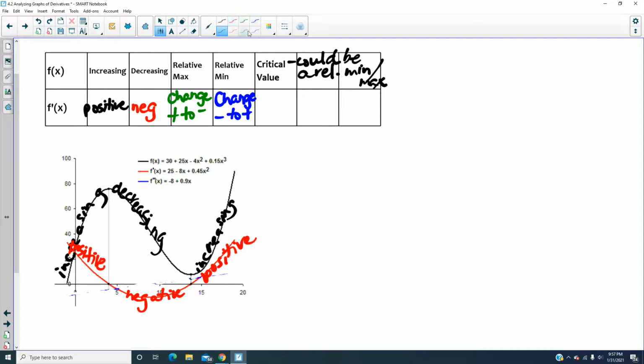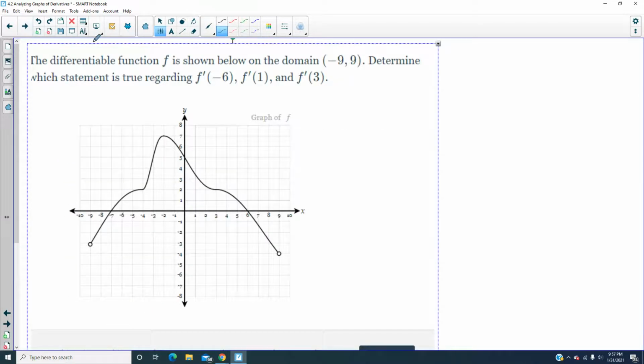What that would look like on the derivative is 0 or does not exist. We'll spend more time with critical values later, but for right now on your chart, you just need to know that it would be a critical value for f wherever the derivative is either equal to 0 or doesn't exist.